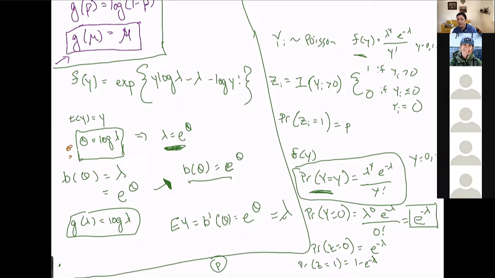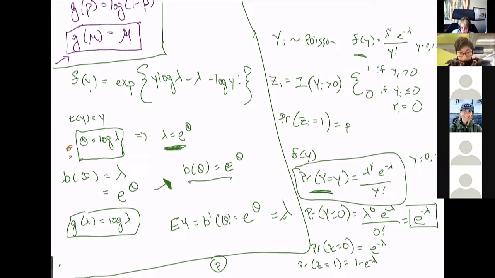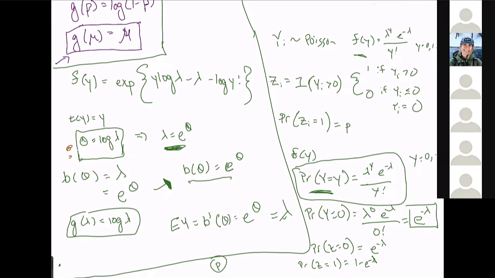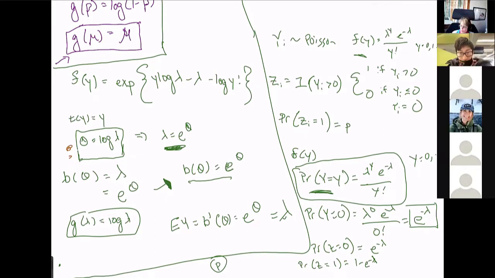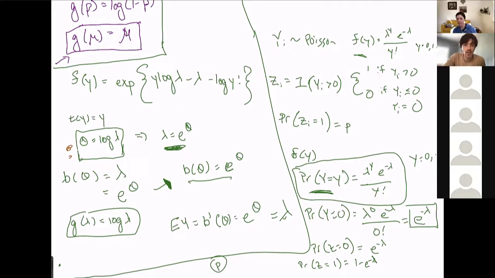I have another question about homework too. For the first problem, part C, the expected information about lambda, can you describe how specific we should be?